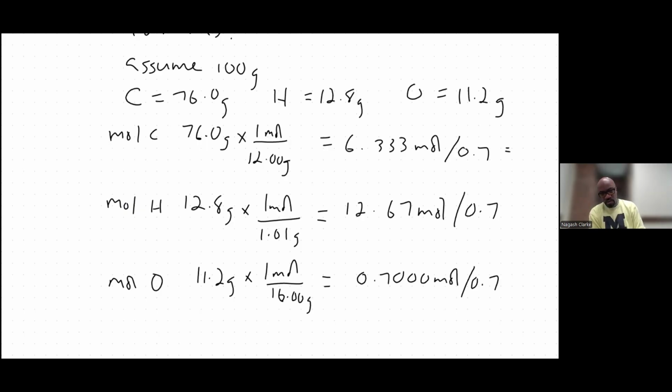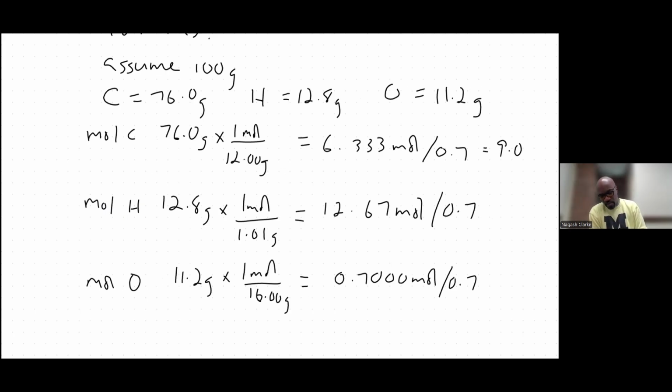So 6.333 divided by 0.7 is 9.0, which you can safely call 9.